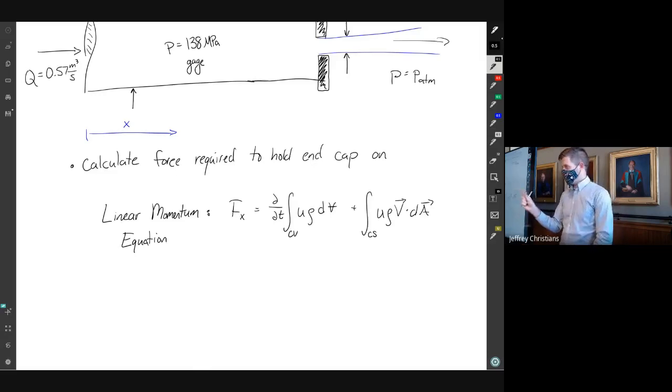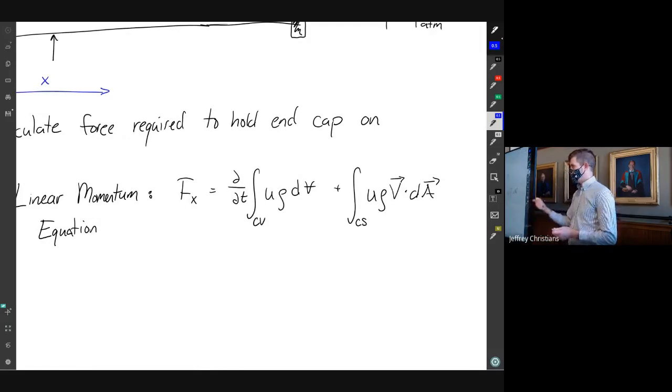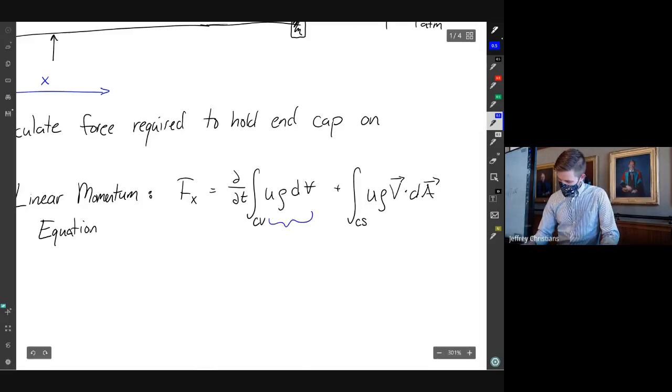That first integral term is, we're talking about momentum, so that's how much momentum is inside of the control volume. How is that changing with time? And then the second term is how is momentum coming in and how is it leaving? Right, momentum is what? Mass times velocity. So this is velocity times mass, right?